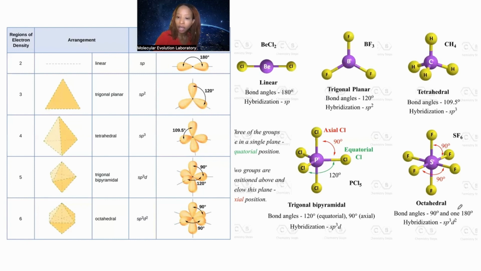And you have the octahedral. An example would be sulfur hexafluoride, where you have sulfur with 6 fluorine atoms, bond angles of 90 and 180, with a hybridization of 1 s, 3 p's, and 2 d's.